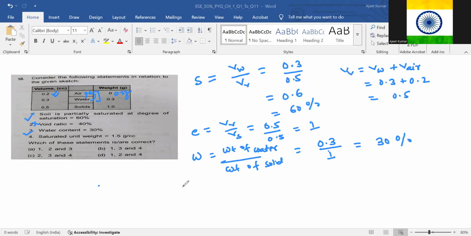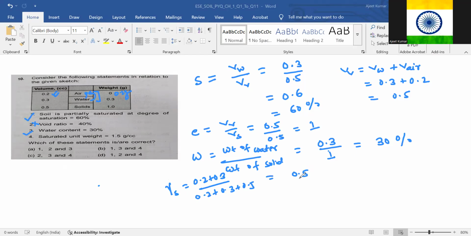Okay, so saturated unit weight, gamma sat, is equal to weight divided by total volume. So volume of water will be 0.2 plus 0.3, divided by total volume 0.2 plus 0.3 plus 0.5.